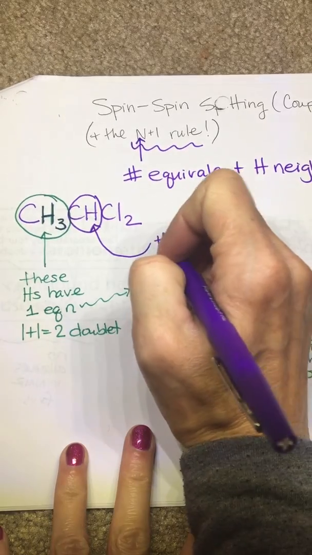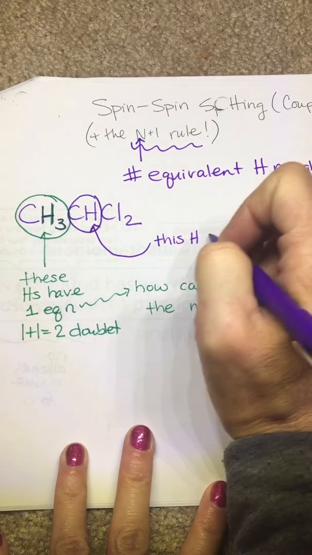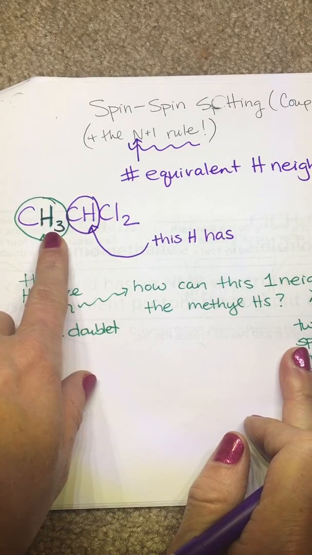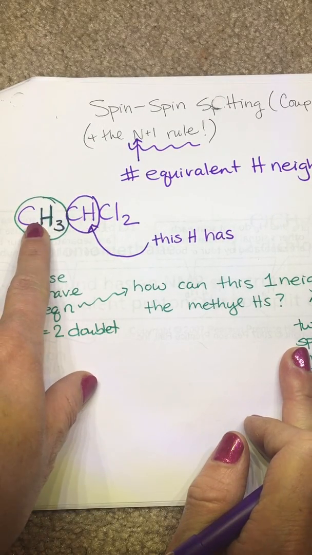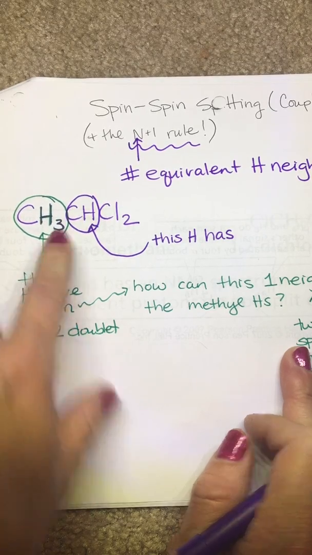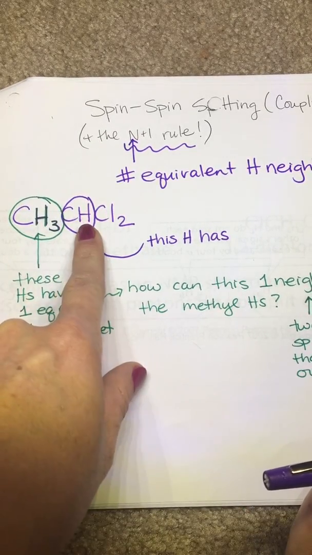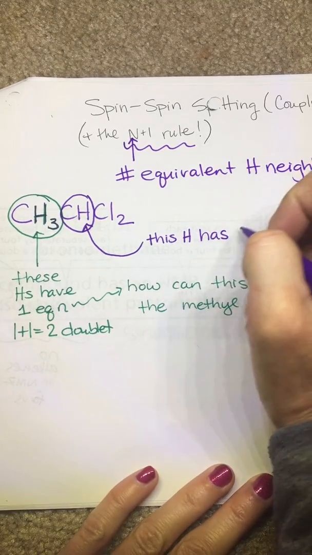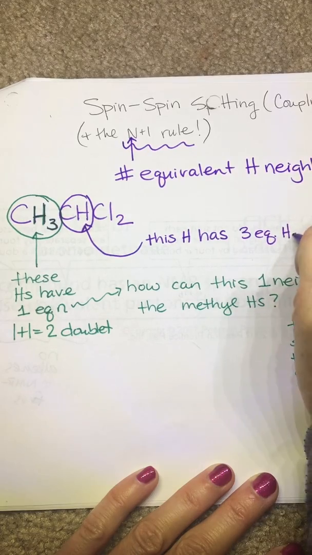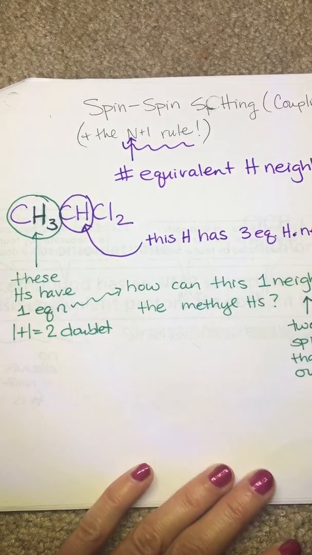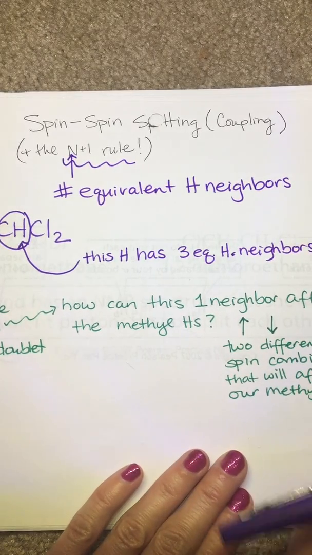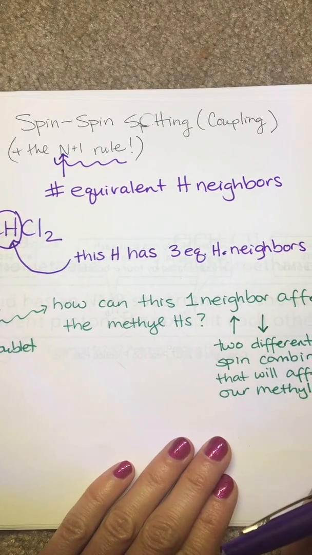So this hydrogen, looking at our structure, looking at the adjacent carbon, the atom directly attached to this one, has 3 equivalent hydrogens on it. So this little guy, our methine hydrogen, has 3 equivalent hydrogen neighbors.